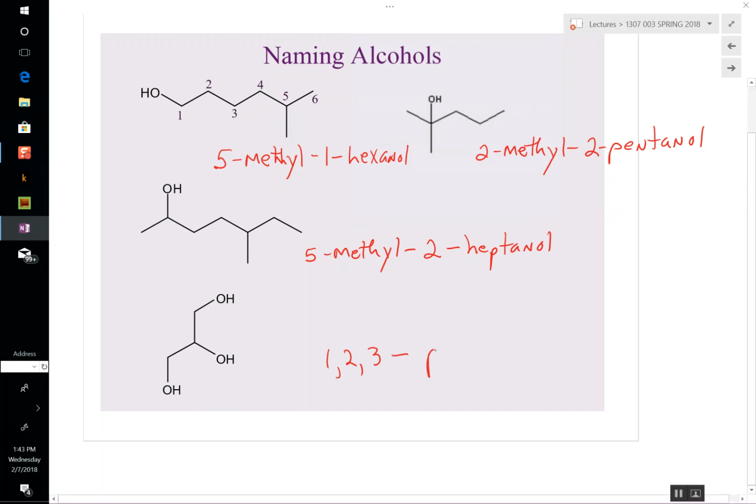So you don't drop the E? No, we don't drop the E because it would end up with an N and a T right next to each other. It's only for pronunciation purposes that we keep the E. Like butadiene, we put in an A just for pronunciation purposes. Okay.